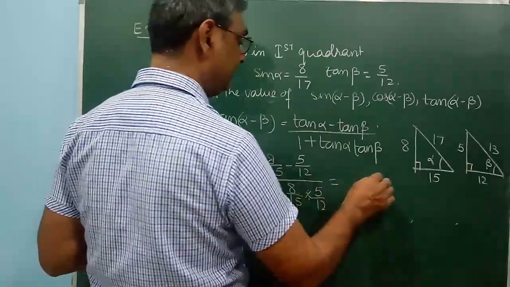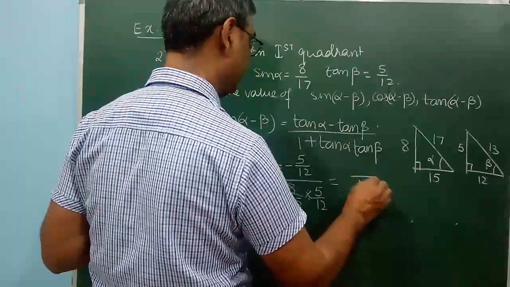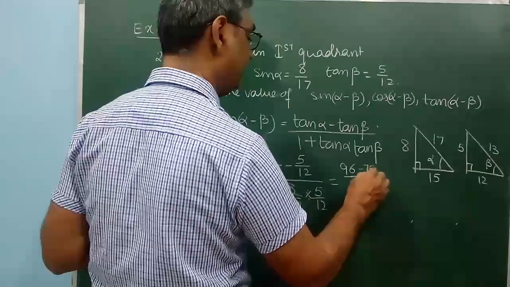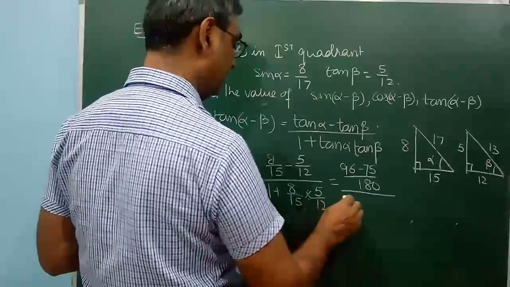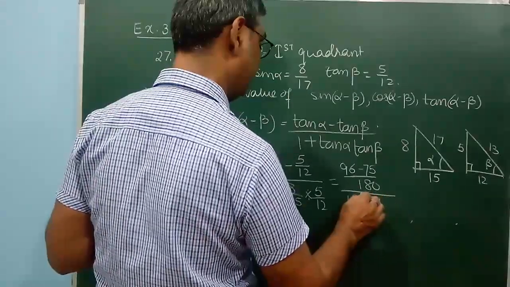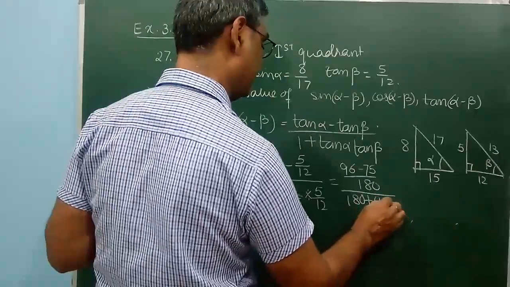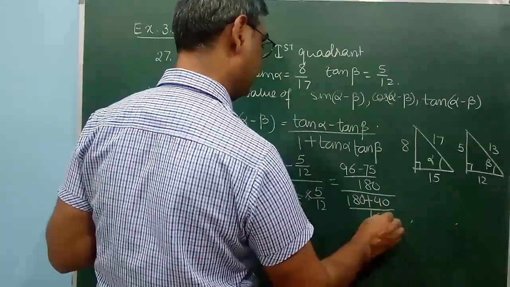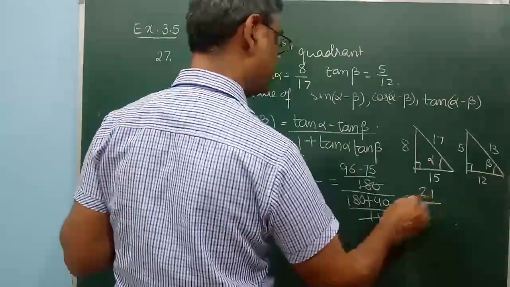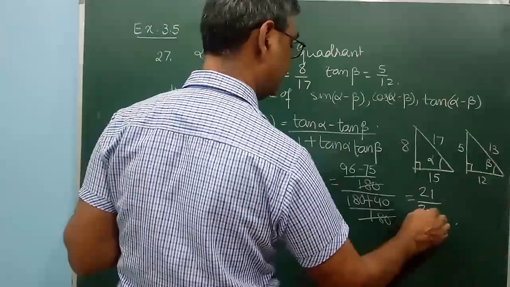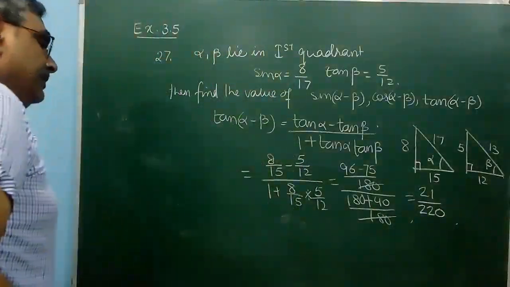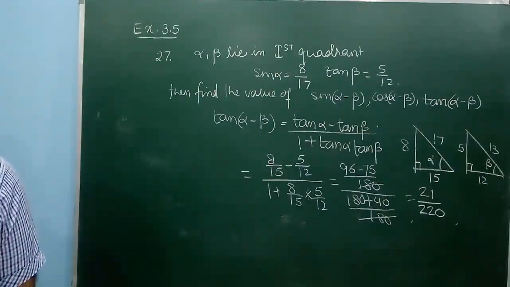Take LCM, LCM will be 180. 12 8s are 96 minus 75 upon here 180 plus 40. The answer will be 21 by 220.